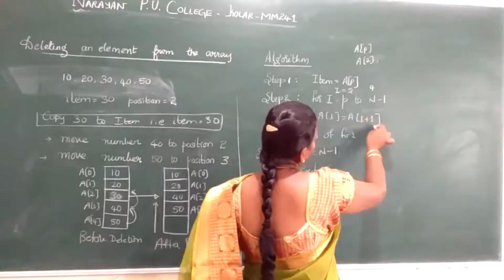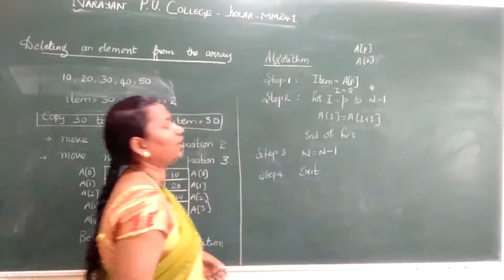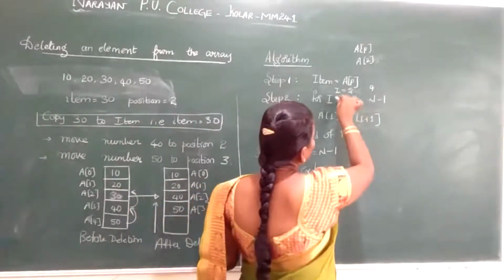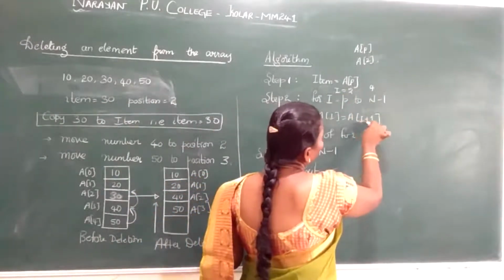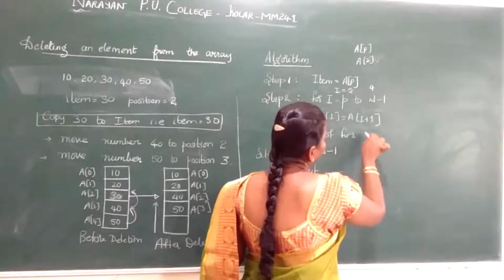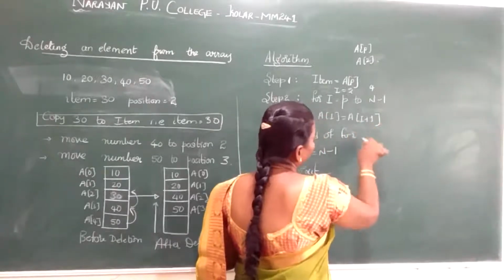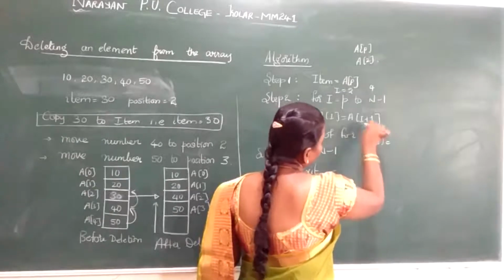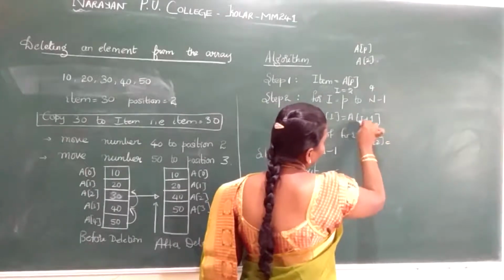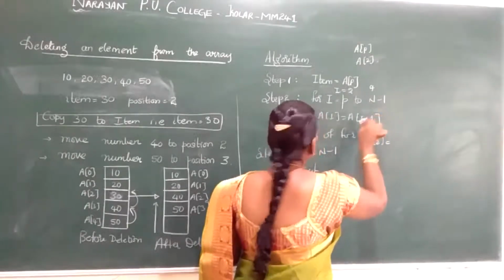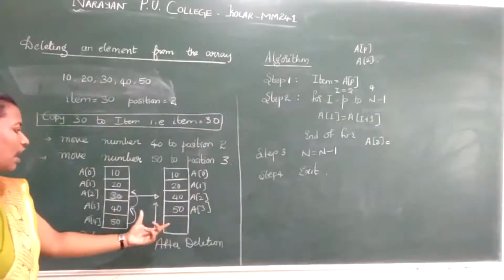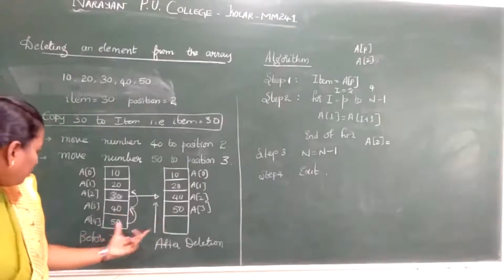A of I is assigned A of I plus 1. What is there in A of 3 that you are giving to A of I? I is 2, so at position 2, what are you giving? I plus 1 is 2 plus 1, which is 3. What is there in A of 3?